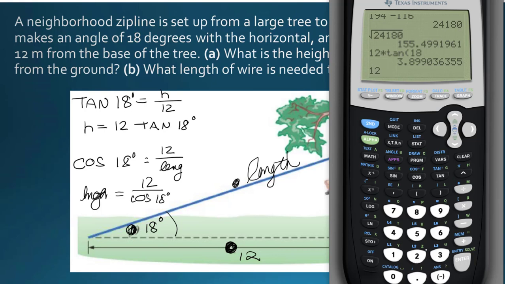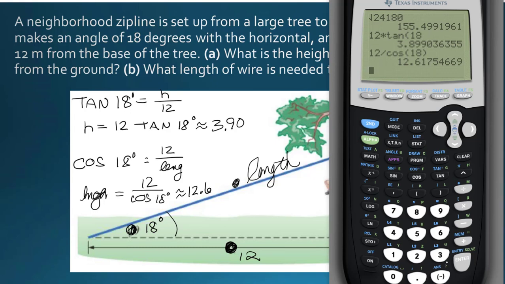That's approximately 3.90. And the length is approximately 12 divided by the cosine of 18, which is about 12.6.